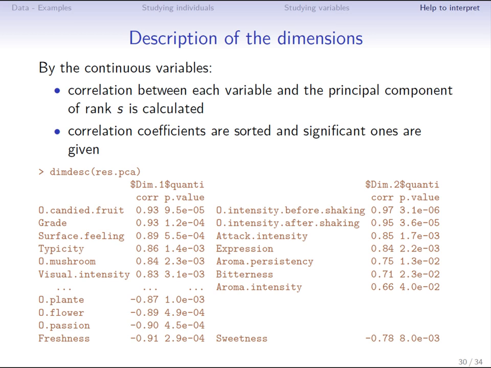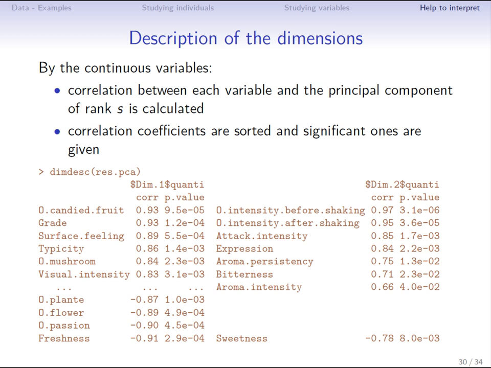First, the correlation coefficient between the coordinates of the individuals on the component S and each variable is calculated. We then sort the variables in descending order from the highest coefficient to the weakest and retain the variables with correlation coefficients significantly different from 0.